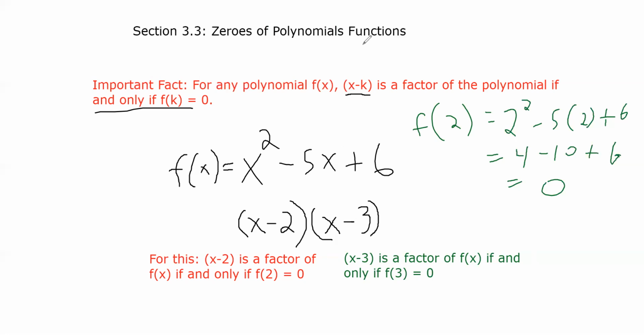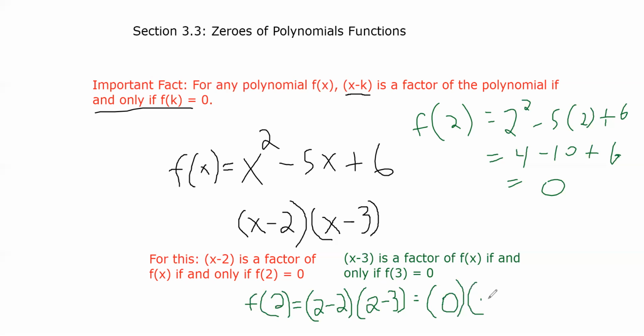Of course, maybe another way to do this: if I would just plug a 2 into the factored form, I'd get 2 minus 2 times 2 minus 3. 2 minus 2 is just 0, so that first thing becomes 0.